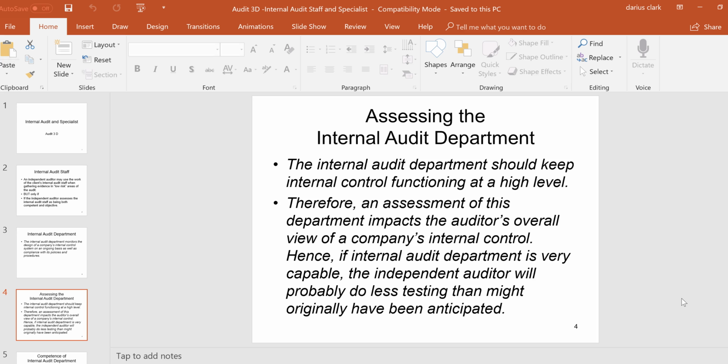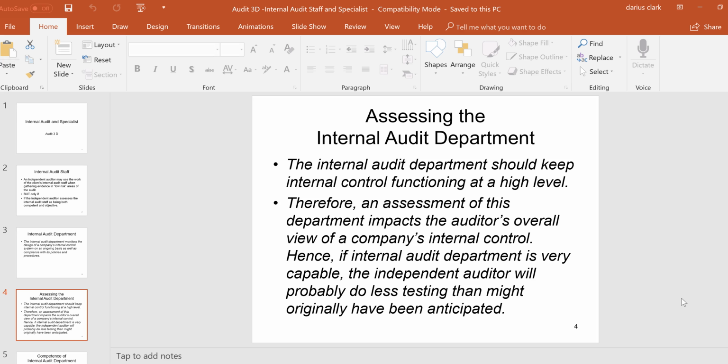And on slide 4, their job is to keep internal control functioning at a high level. And if we can assess them as being competent, then we probably could use them and maybe we'll be able to do less of the work because they've done a lot of the work already in keeping these controls functioning at a high level.